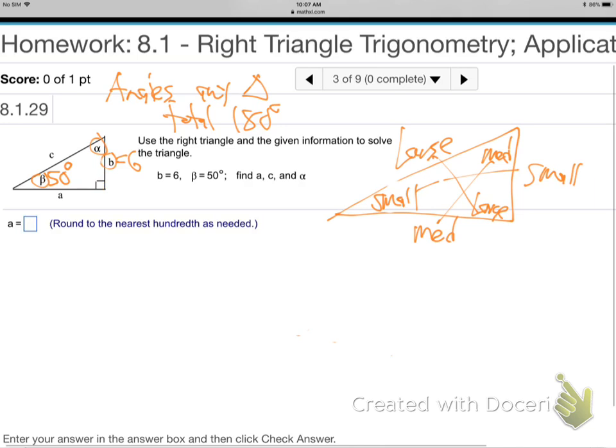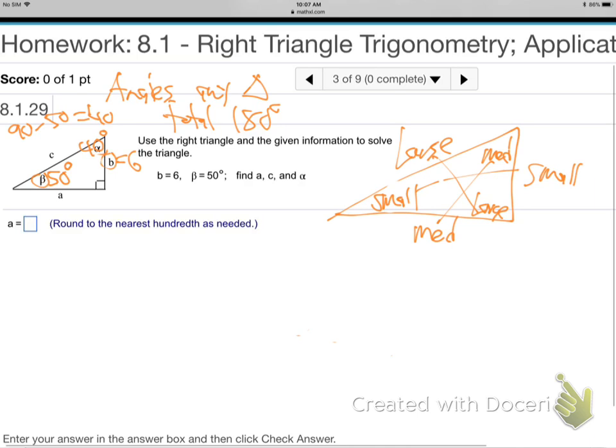So the other two have to make 90. So I can just take 90 minus 50, the other one's got to be 40. So this one here has got to be 40 degrees, doesn't it? See, those two have to make 90, and then the right angle's 90, 180. Good, so we got that one. We got alpha, so we have all three angles, so that part's nice.